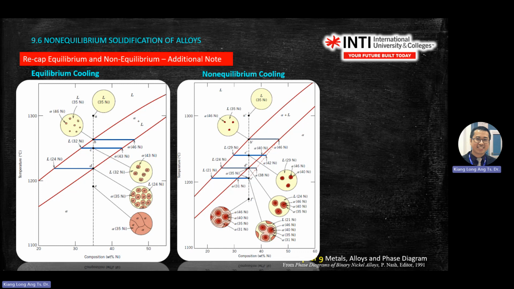Okay. Now you drop further to the D point. You repeat the same point. Although with rapid cooling here, you reach 38% of nickel. But when you reach this D point, you see how they draw? Liquid is still there. For the liquid you still read from the left hand side, 42%, drop down.